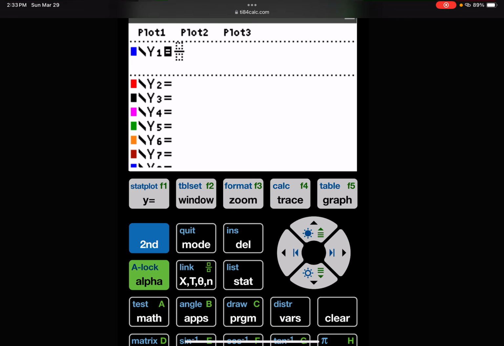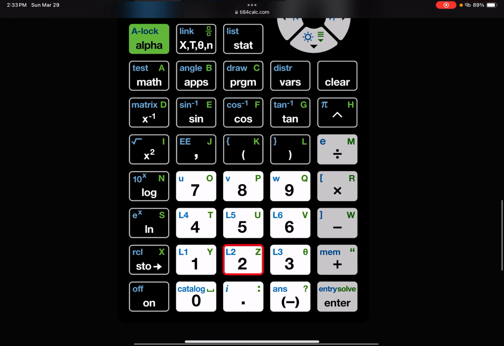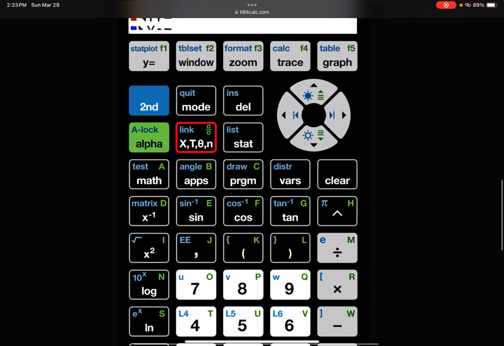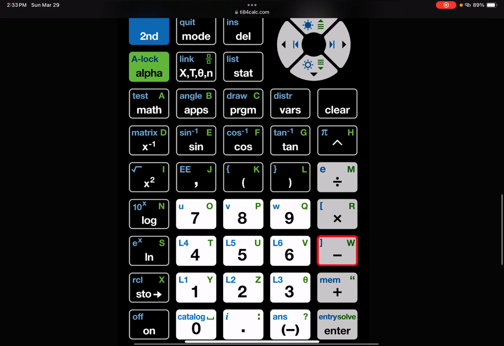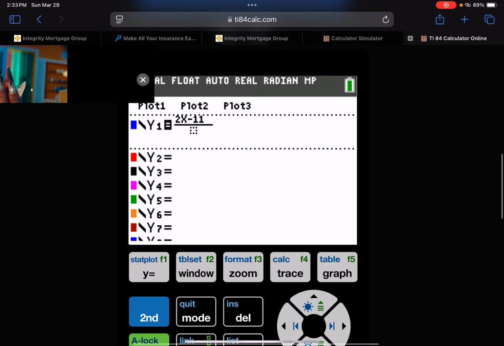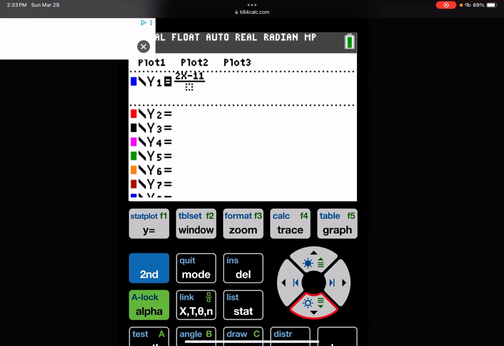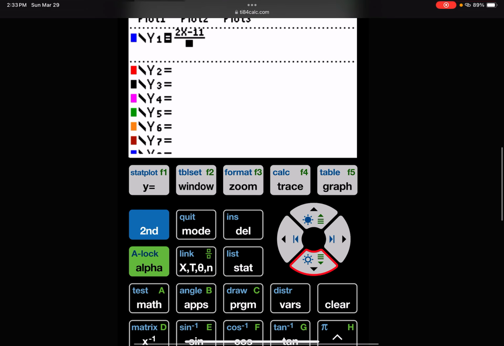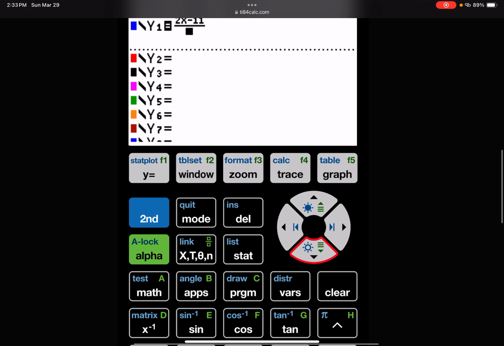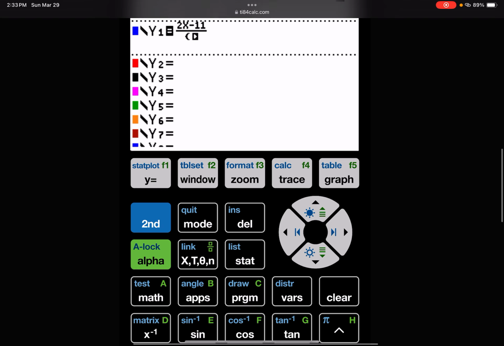So we enter what's in the numerator, which is 2x minus 11. Then I hit my down arrow to go to the denominator of the fraction. You could put the factored version or the original here, it doesn't matter. I'll just put the factored version we found.